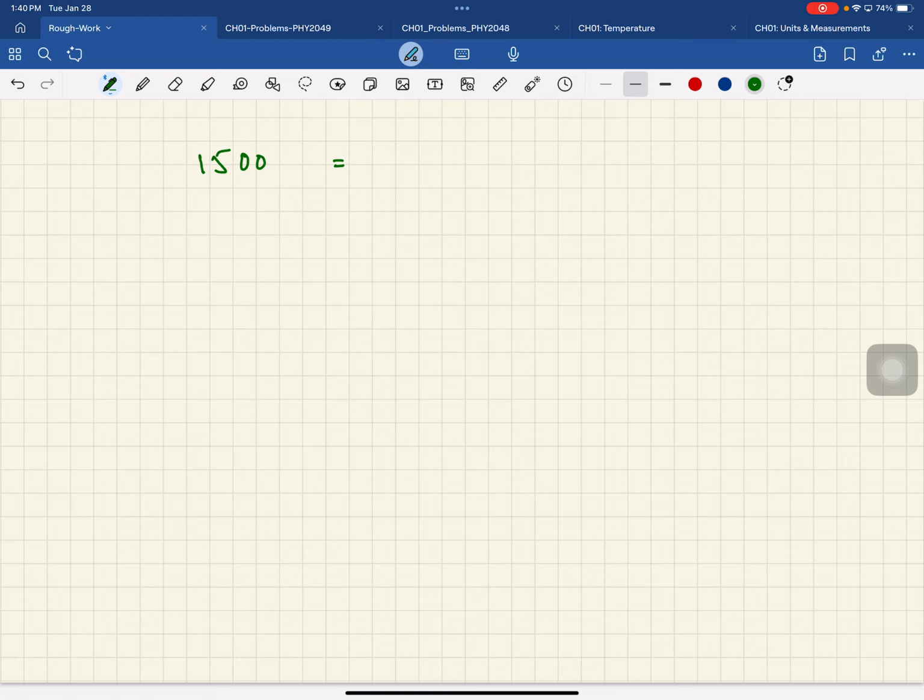So to decide how many significant figures it has, you have to write in scientific notation. So this is 1.5 times 10 to the power of 3. This is 2 sig figures.